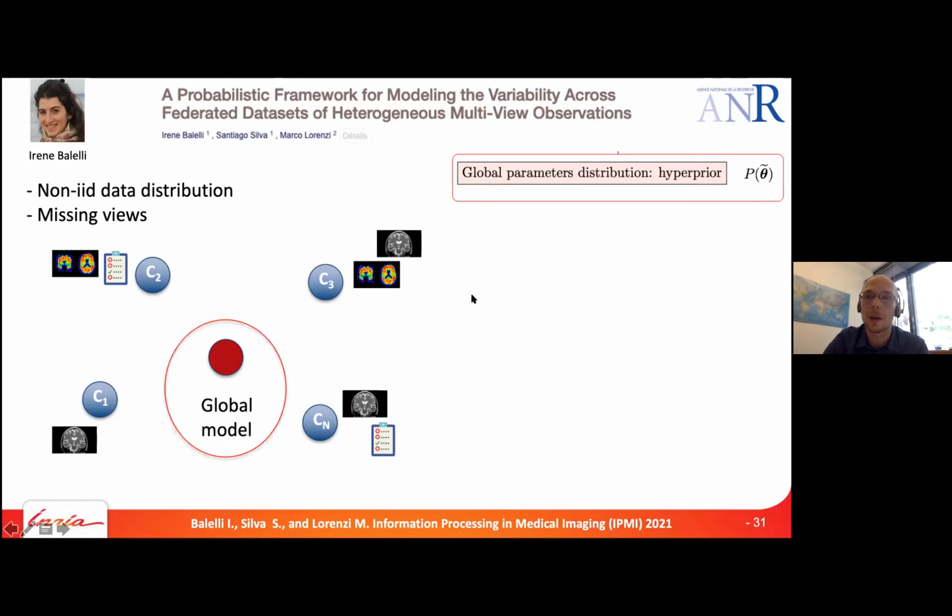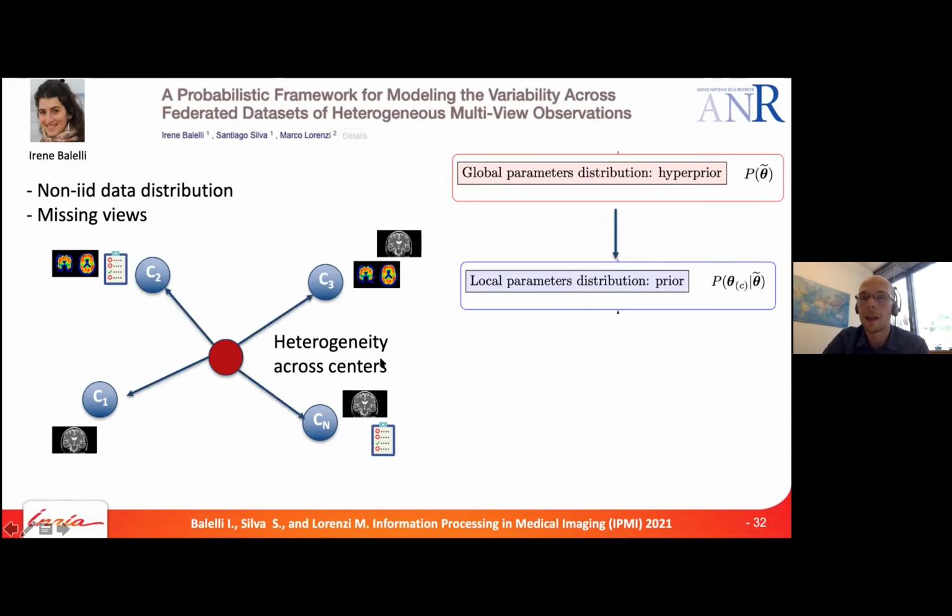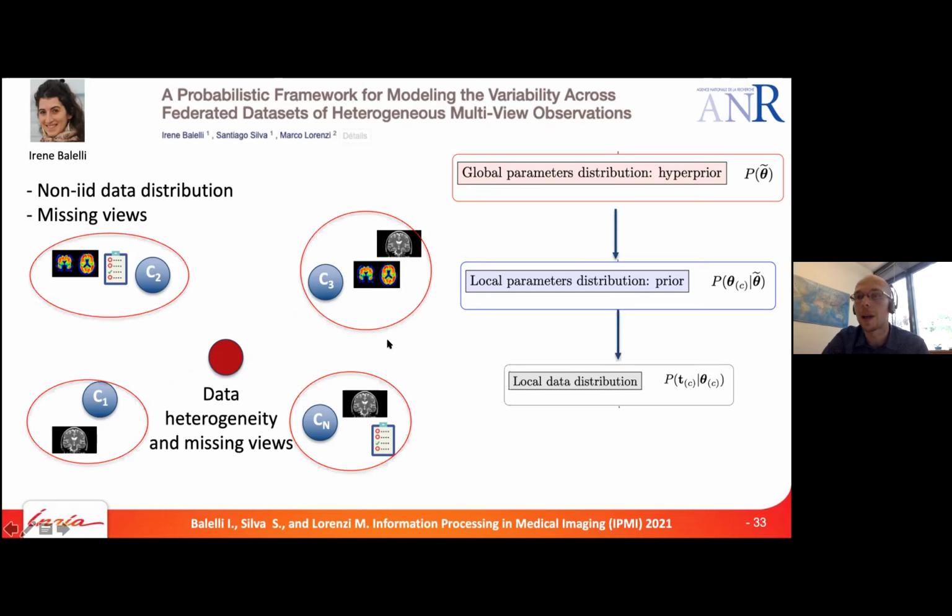Why not use a hierarchical model, in which the ideal supermodel is global, and we sample from this global distribution of parameters to get local parameters, and then use those local models to generate our data. So basically, we have this hierarchical definition of our generative process.